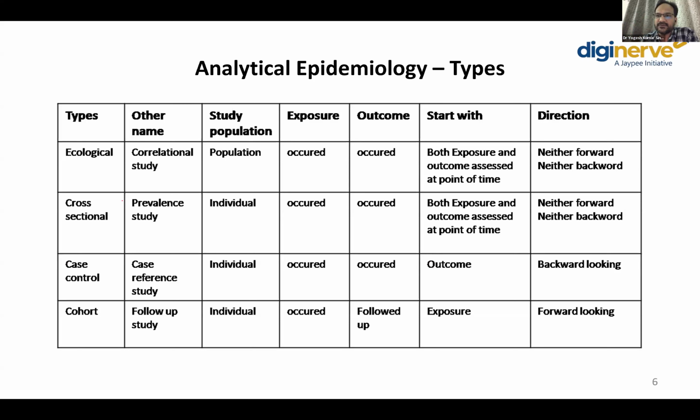I used to take sugar, so I am already exposed. If I am part of a study, my blood sugar level will be checked periodically to see at what age diabetes will affect me. So it will be a forward-looking study like this.